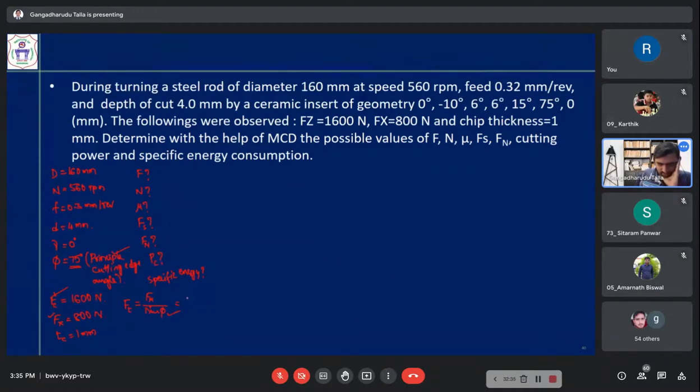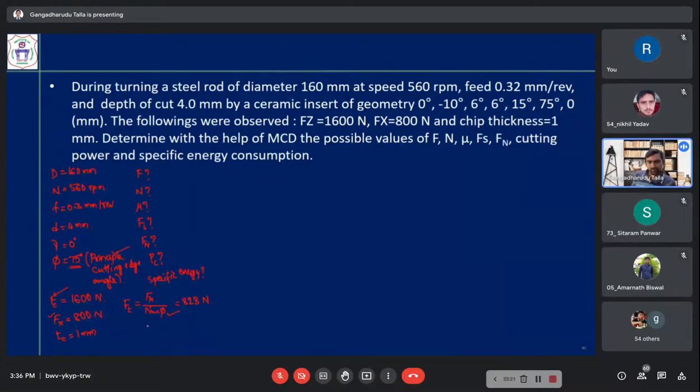So tell me, what is this value? 828.22. So approximately 828 newtons.